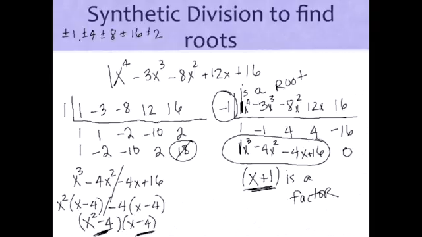I would, however, like to point out to you that x squared minus 4 is, in and of itself, a difference of two squares and can therefore be factored further. So x squared minus 4 would be factored into x plus 2 and x minus 2. Then I'm going to list out all of my factors.